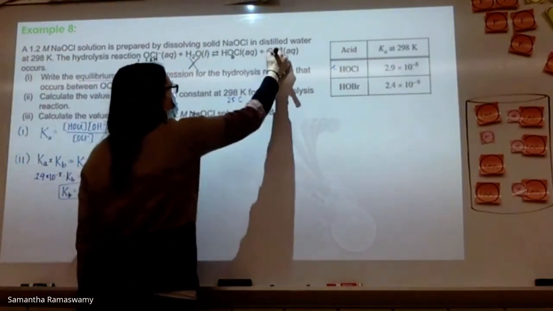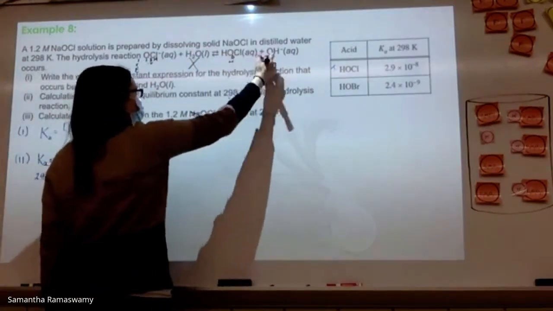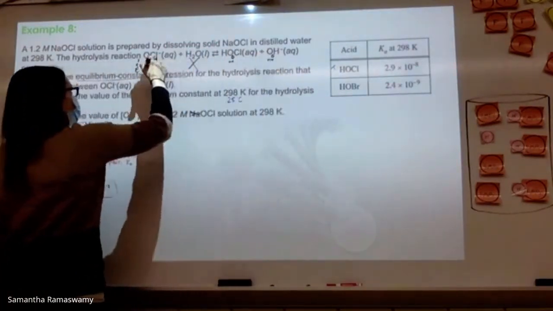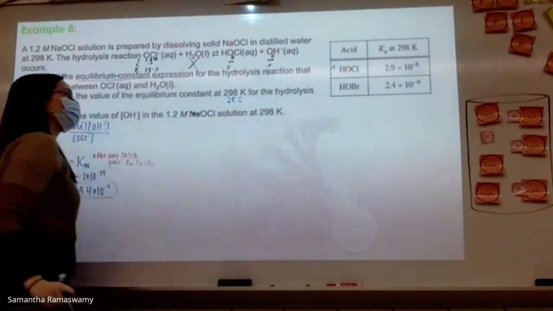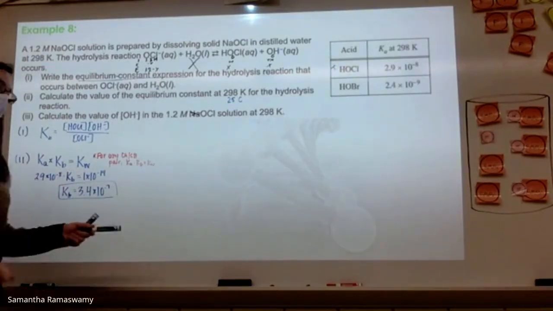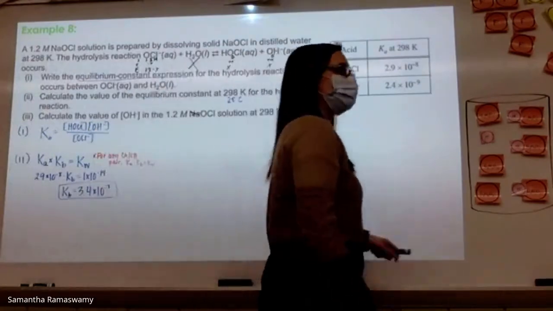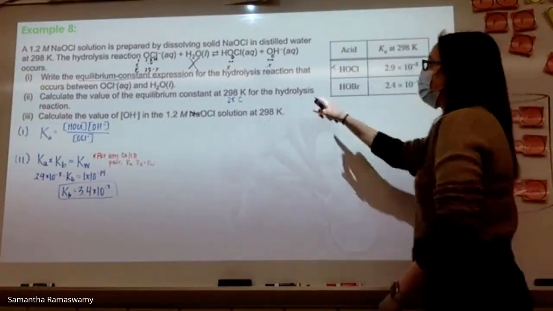So this looks more like chapter 16, which is all that this chapter is. It's just an extension of chapter 16. So here are our equilibrium amounts. Here's our equilibrium constant. So let's go ahead and just plug everything in.